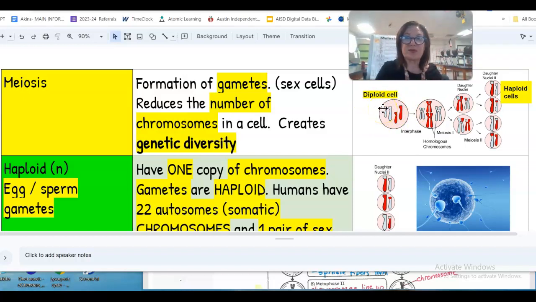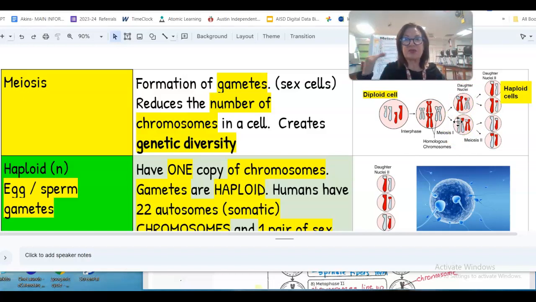So with meiosis, like I said, we go through 2 different divisions. If we look at this second little diagram, it's going through the S phase, right? Because I now have 2 copies of each. And my first division, which is called meiosis 1, is going to separate those into 2 different cells.